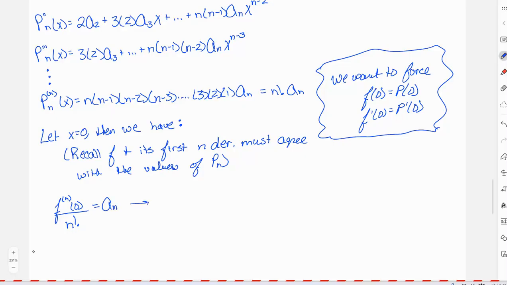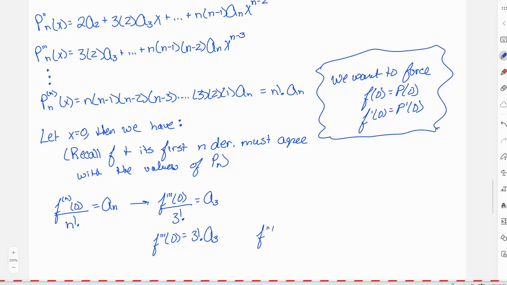So what does this mean for us? That means that third derivative of the function over 3 factorial has to equal a3. What that's really saying is that that third derivative evaluated at 0 would have to equal 3 factorial times a sub 3.